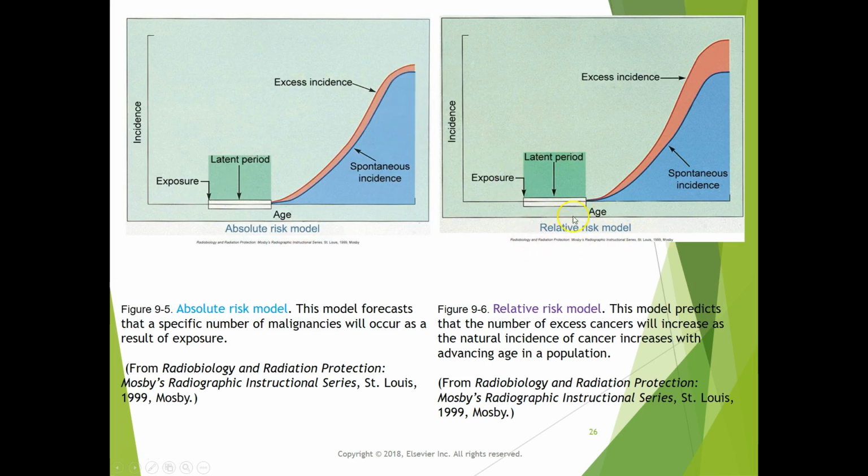Versus the relative risk model that shows, yes, you have this increased risk from having this dose back here of ionizing radiation, but look at what happens as you get older. Your risk increases even more. So this relative risk model predicts that those excess cancers increase even more as the natural incidence of cancer increases, versus the absolute risk, which just says there is a finite extra risk that you get from getting ionizing radiation.